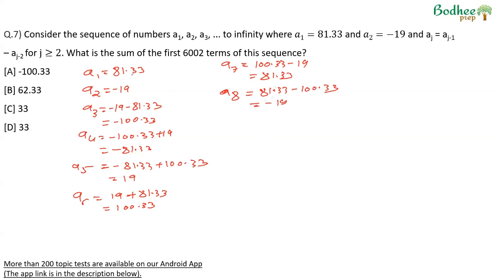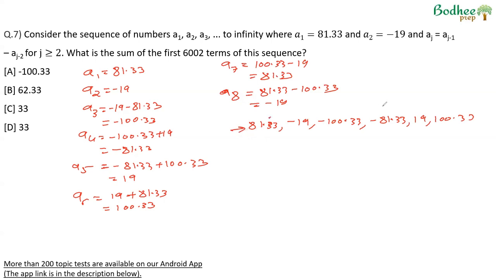And therefore, the pattern will repeat. So every 6 terms of this pattern will be 81.33, minus 19, minus 100.33, then we'll have minus 81.33, 19, and 100.33. This pattern will repeat for every 6 numbers.